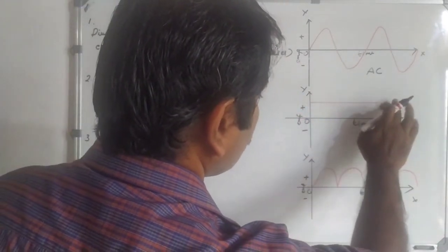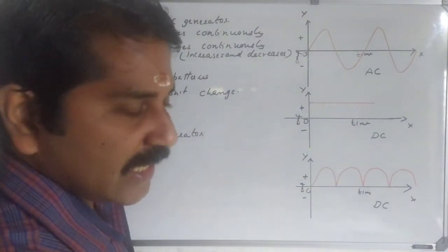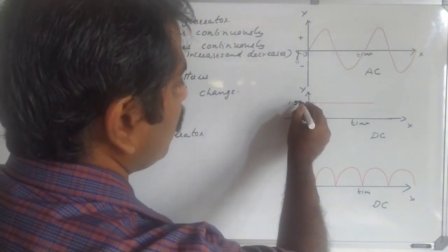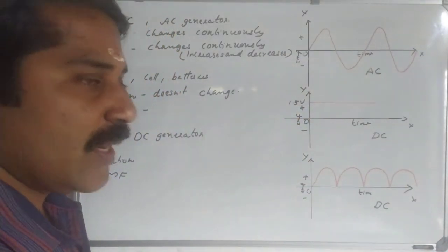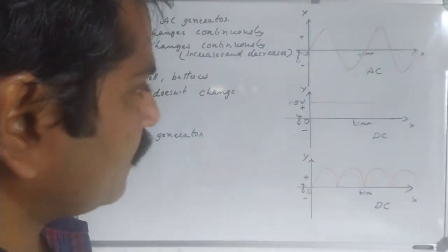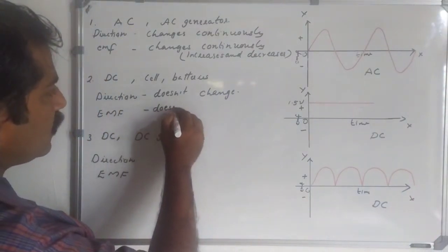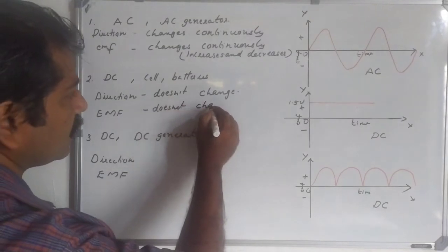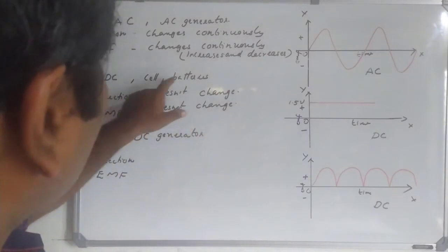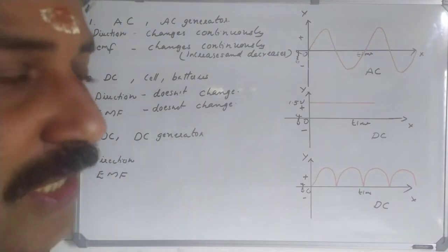It flows at a particular potential. For example, if you take a cell, it will give you a steady voltage of 1.5 volt. Always it keeps a 1.5 volt EMF, so the EMF also does not change.